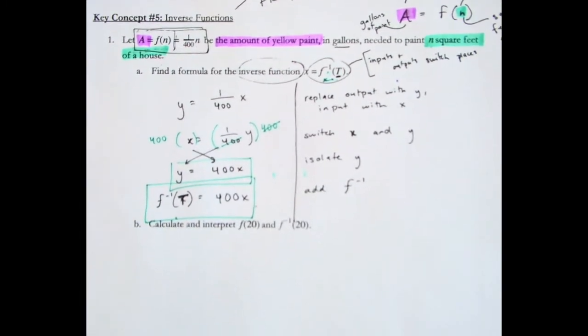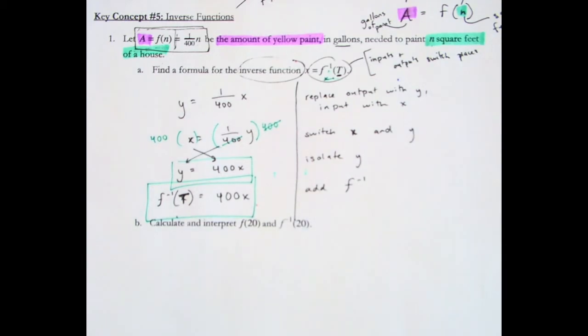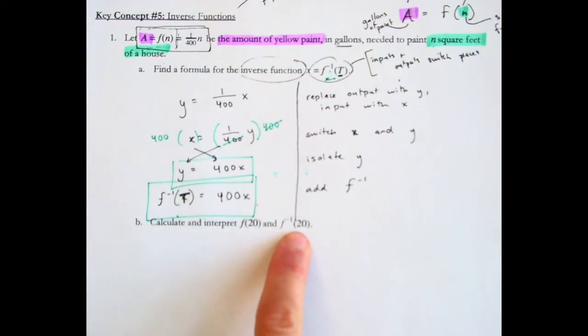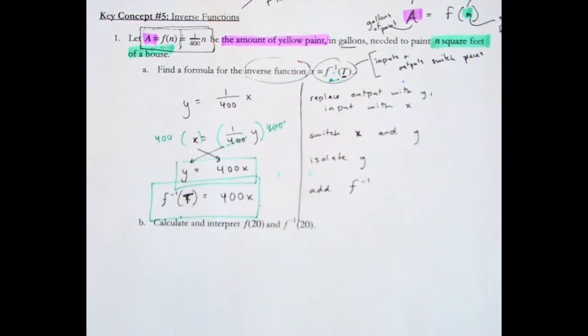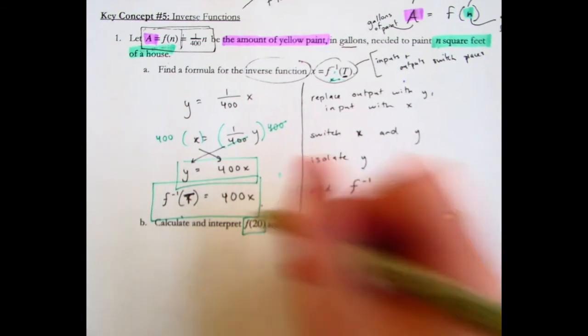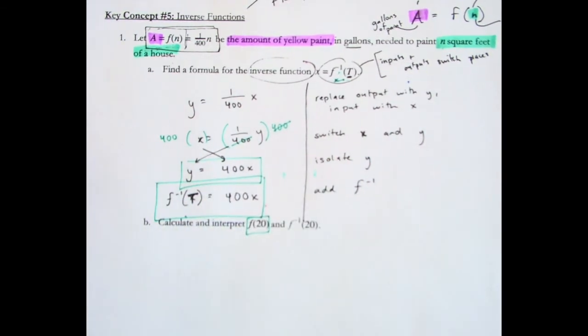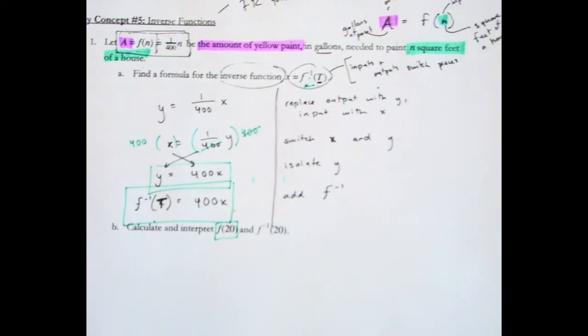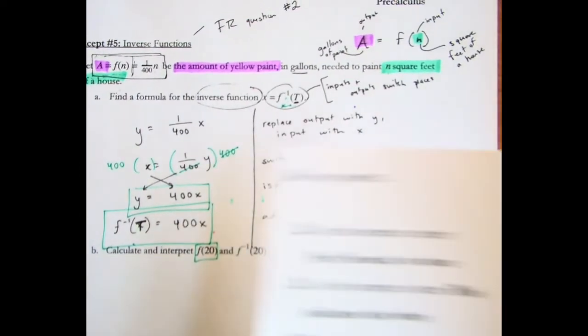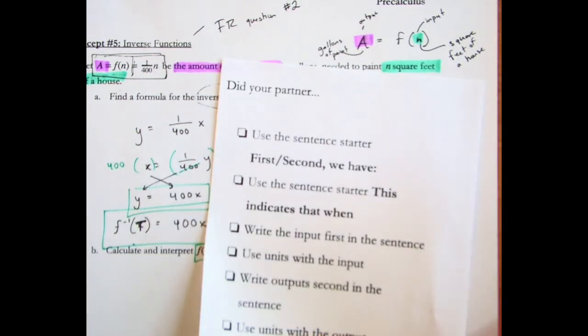Okay, so now comes the hard part. Calculate and interpret f of 20 and the inverse function at 20. Let's start with f of 20. As I'm structuring my response, I'm actually going to use this checklist that we used for these types of questions last week.